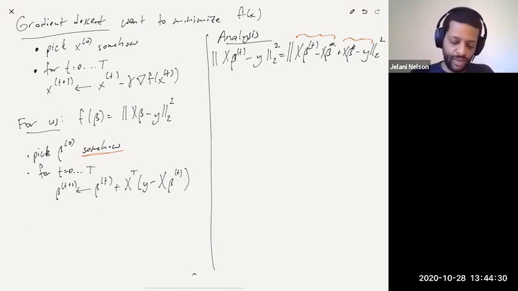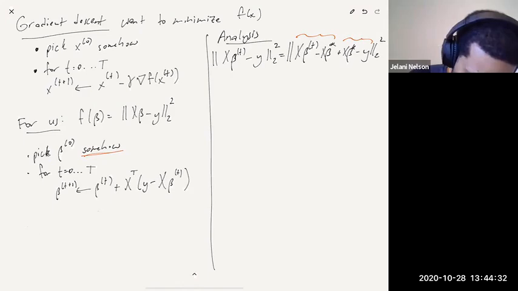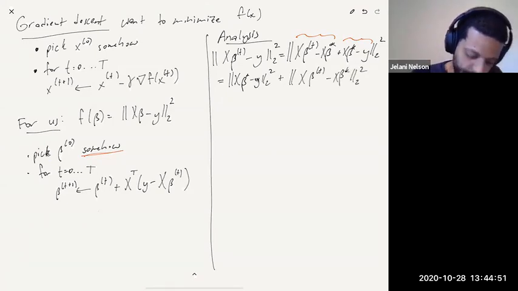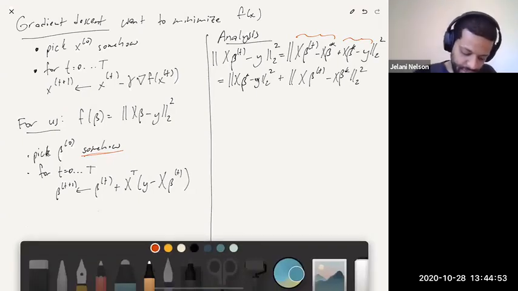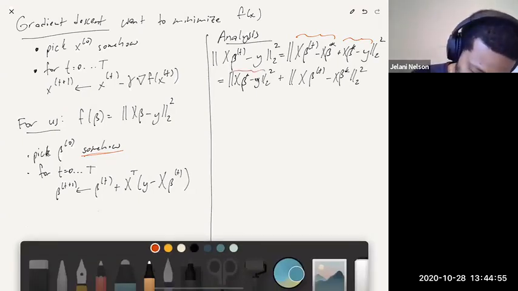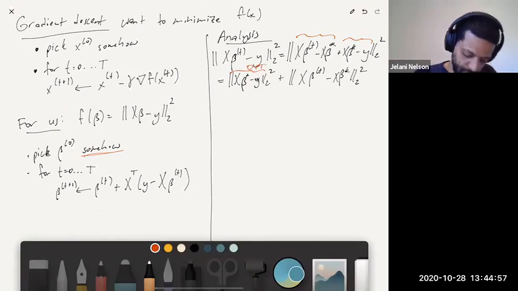So these two things are orthogonal, and I can write that as the norm squared of X beta star minus Y, plus the norm squared of X beta t minus X beta star. And this first term is opt, the best you can do.